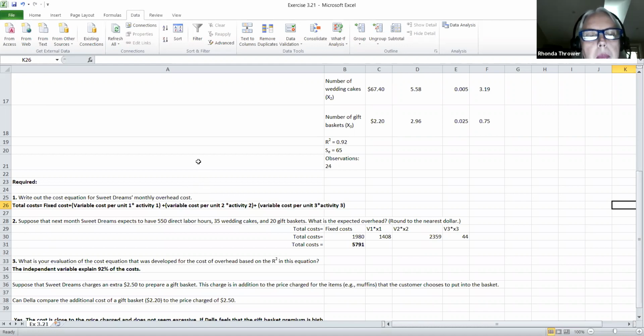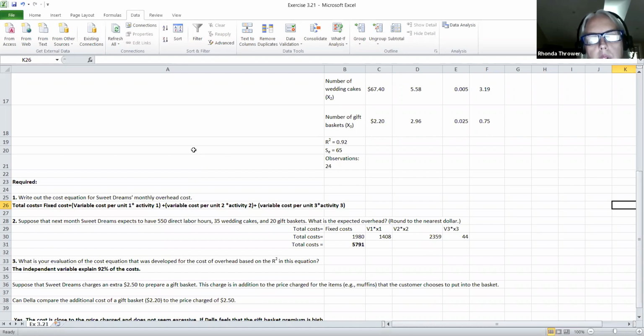But sometimes, you know, it just depends on what management is asking you to do. It's easier to calculate and understand the high-low method, I think, than to do this. But since you have Excel, it makes it kind of easy for you when you're isolating fixed and variable cost.